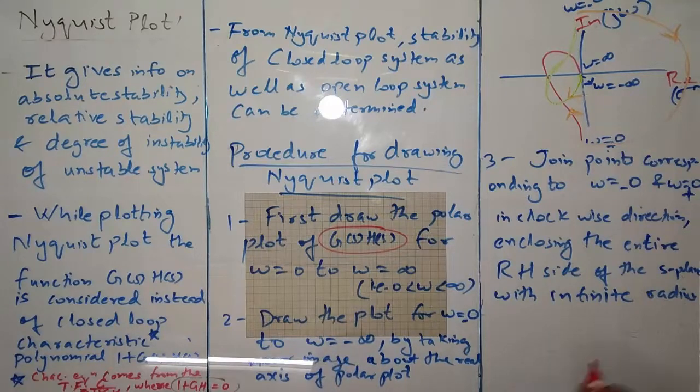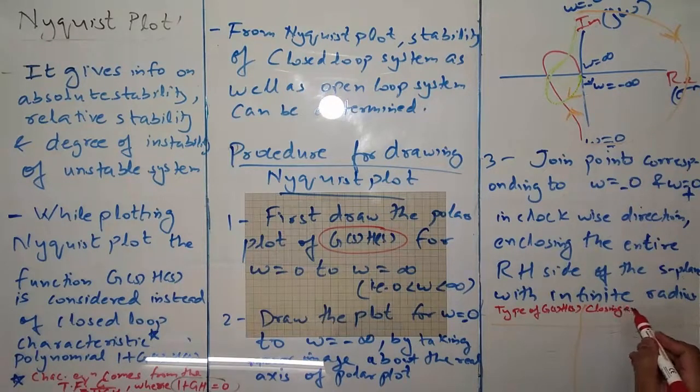If we talk about the type of the system, since we are constructing the polar plot or Nyquist plot for G(s)H(s), the closing angle is the angle that will be closed between the points omega -0 and omega +0, and of course the radius of this arc that joins the 2 points -0 and +0.